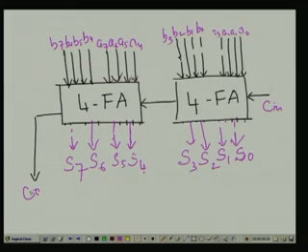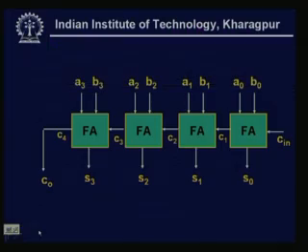So, in the previous case we have taken the full adder as the module, and then we framed a 4-bit adder, and now taking two 4-bit adders we have made one 8-bit adder, and now these 4-bit adders are the modules or elements. Just as the full adder was the module for designing a bigger circuit, when designing an 8-bit adder we take the 4-bit adder as the module.